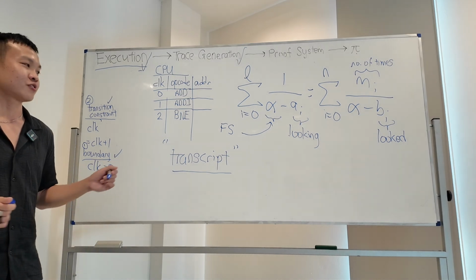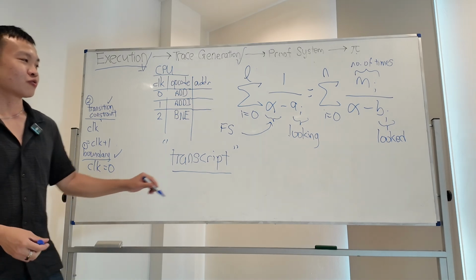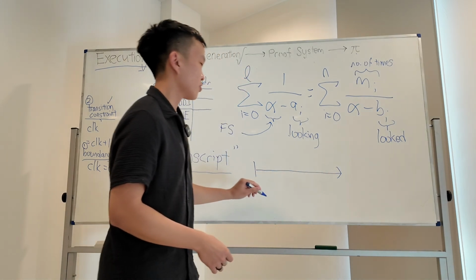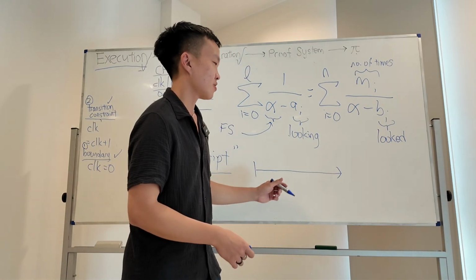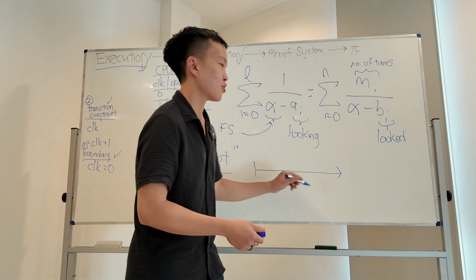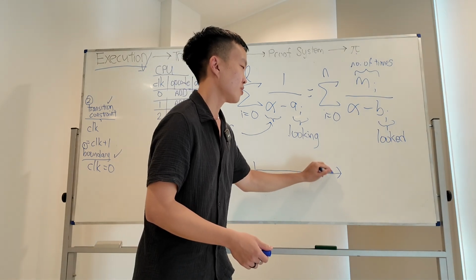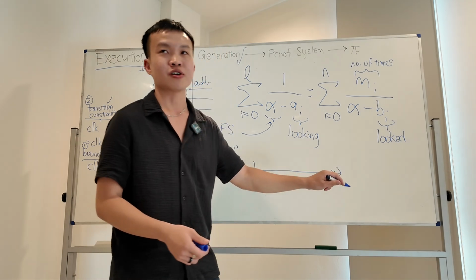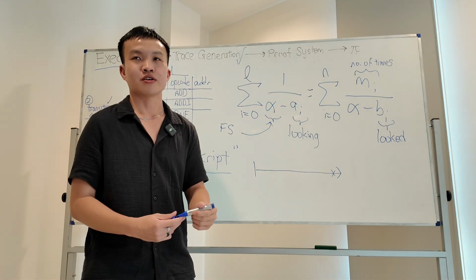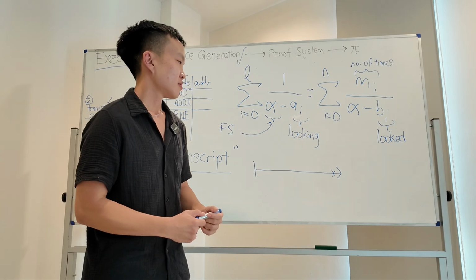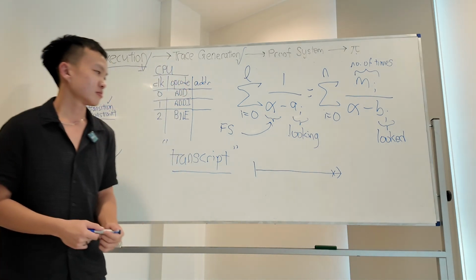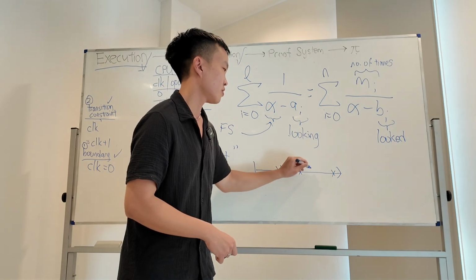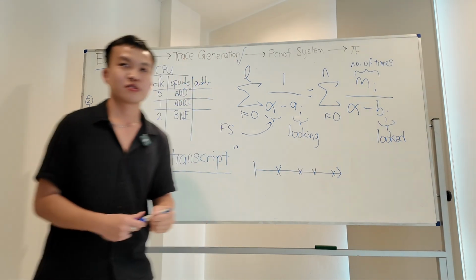Because if it doesn't, let's say your program runs for this amount of time, and this is the end, and your hash function doesn't absorb at this point, how could you know that something was incorrect? So you absorb along the way like this, all the way until the end.